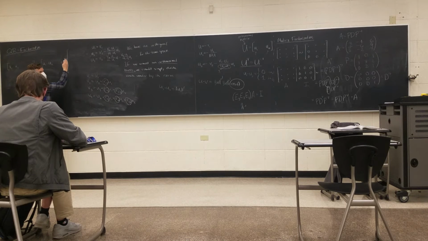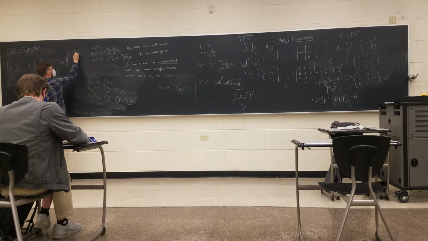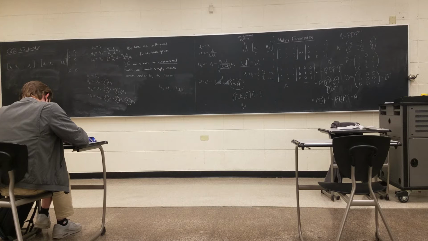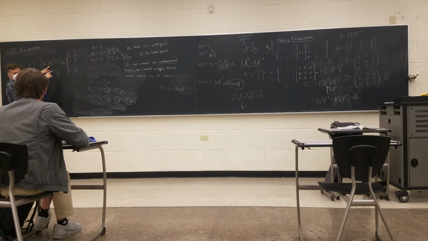Every column of this is multiplied across this row, so this will give us a linear combination of these vectors. The first one is 1 and a bunch of zeros. The next one is R12, 1, and a bunch of zeros, because I'm going to take this much of U1 and just 1 of U2.